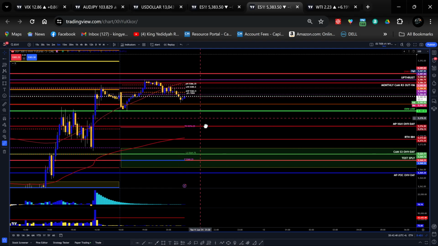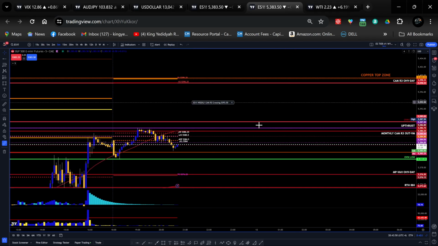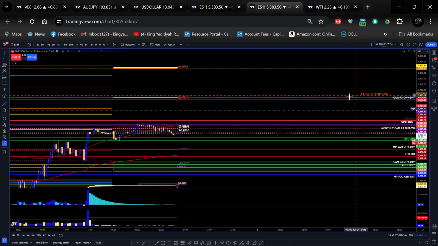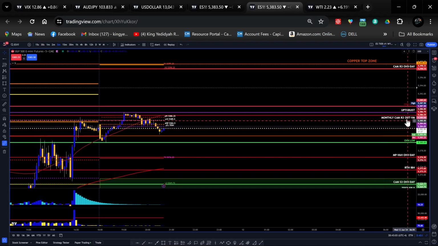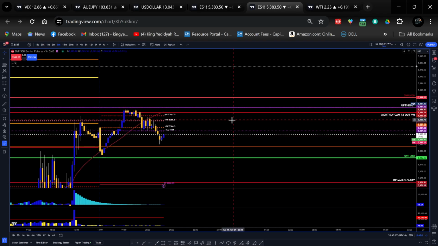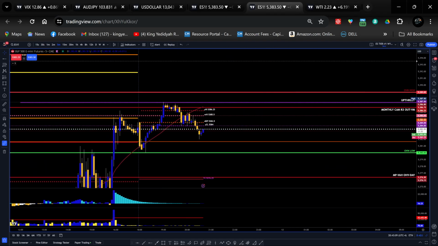Now if we continue bullish and get up to Camarilla R3 tonight, we'll be at the top of the copper top zone. We would have broken out from this monthly Camarilla R3, and as you can see, that's creating resistance right there. Let me open it up so you can see that.